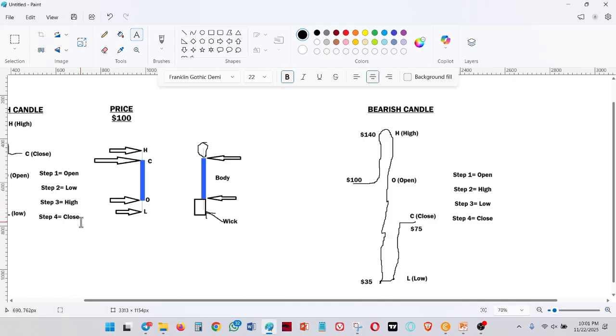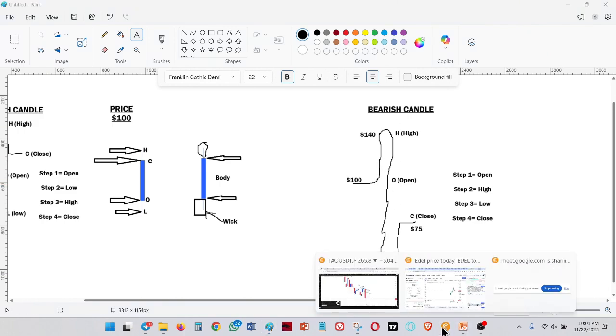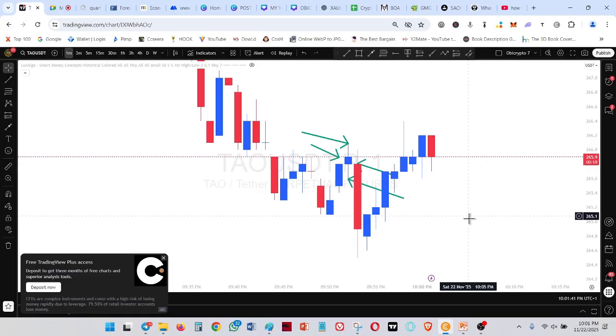It's only 2 and 3. Step 1 and step 4 remain the same. You get the point now? Good. So this is how a bearish candle is formed. Okay? That is how it is formed.